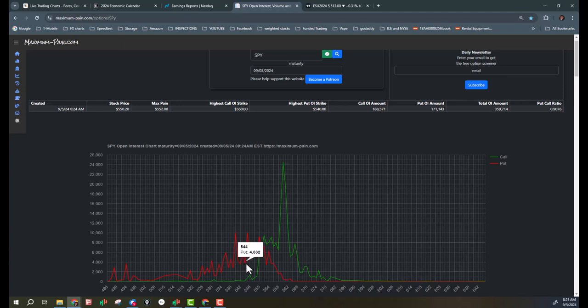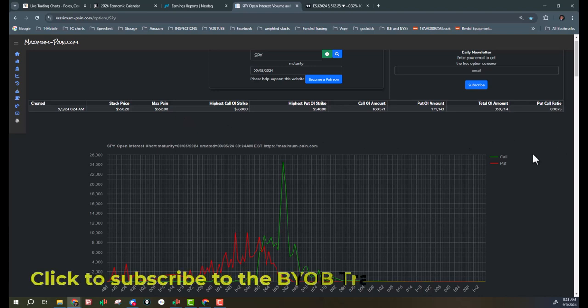That's the puts and calls that expire only today. That's not the whole market, just the puts and calls expiring today for the SPY. So Max Payne, according to the data here, is 552, and we're well below that. I don't think we're going for Max Payne. I think we just left Max Payne, if you ask me.